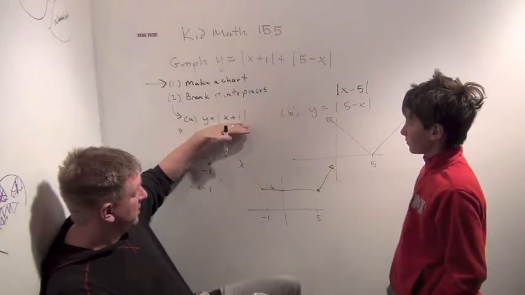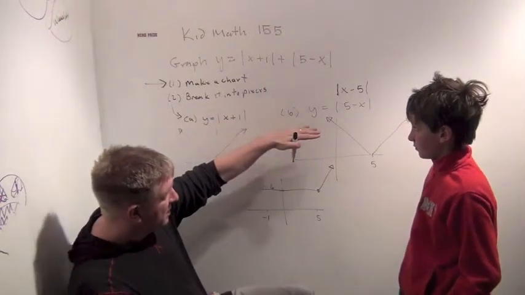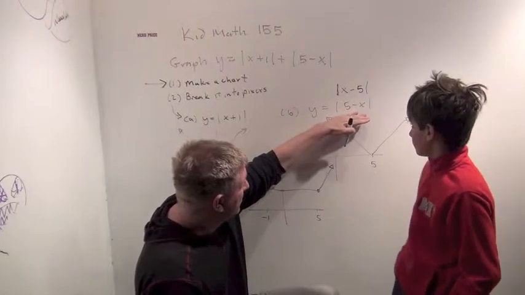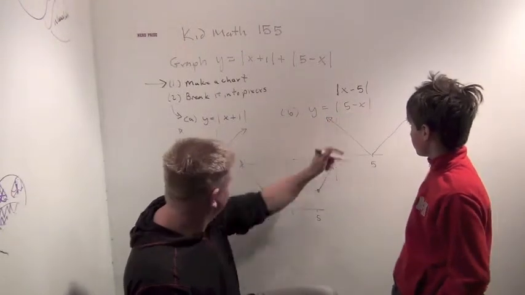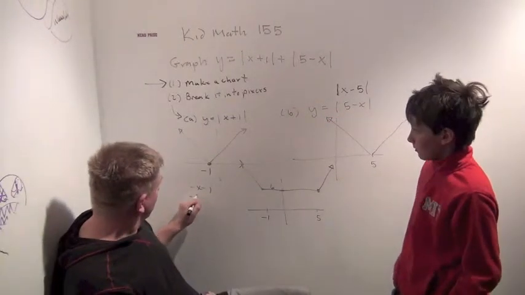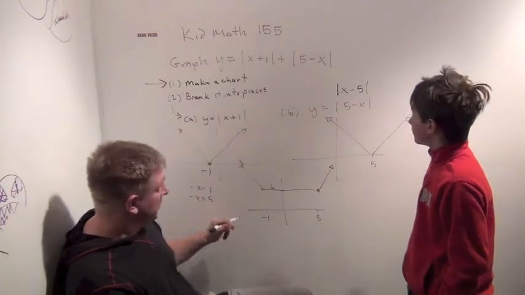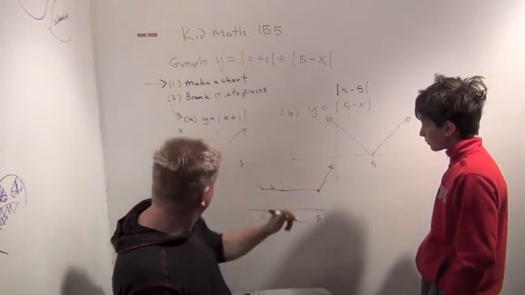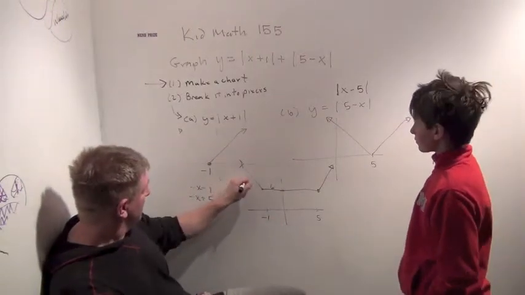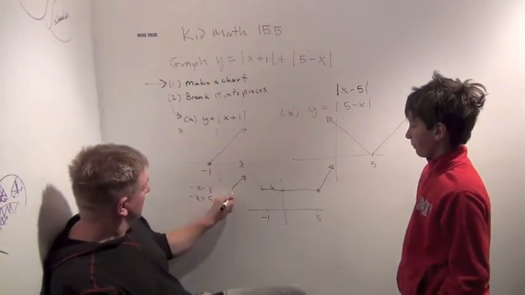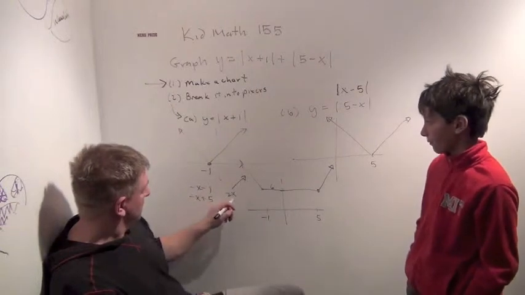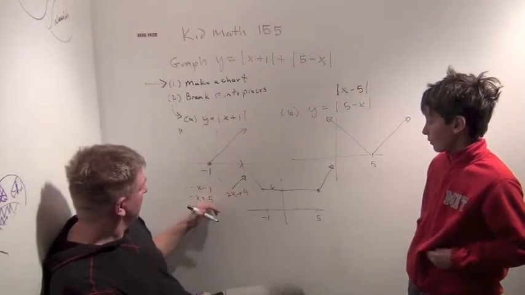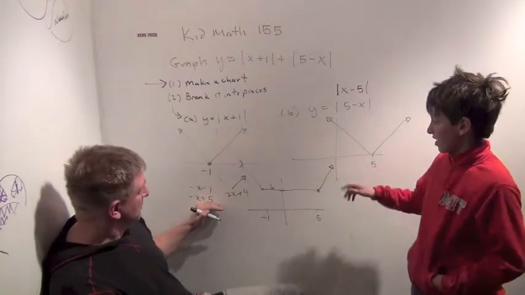And when x is really negative, this is already positive on the inside, so it's minus x plus 5. If I pick negative 100, this would be 105. So this is minus 2x plus 4.